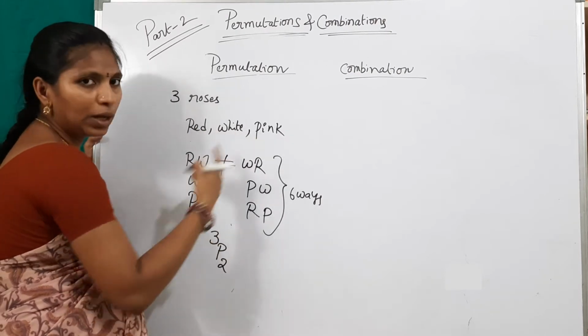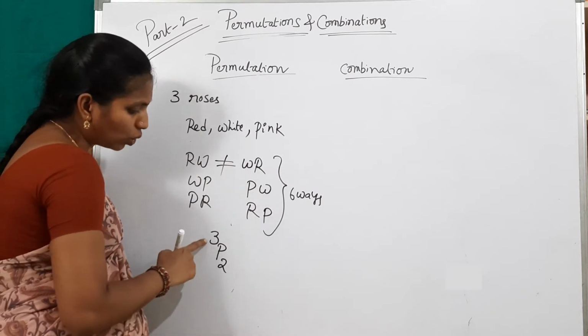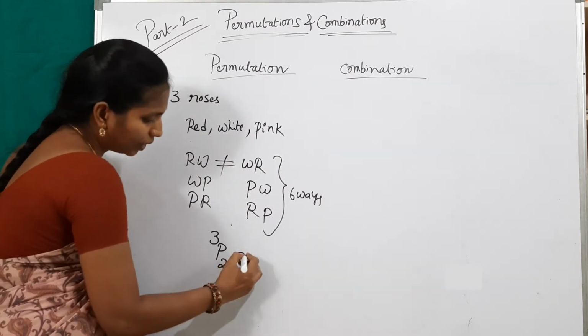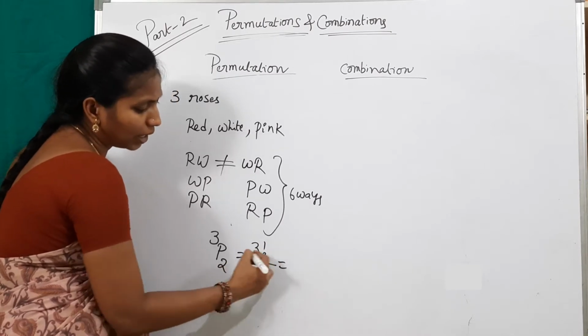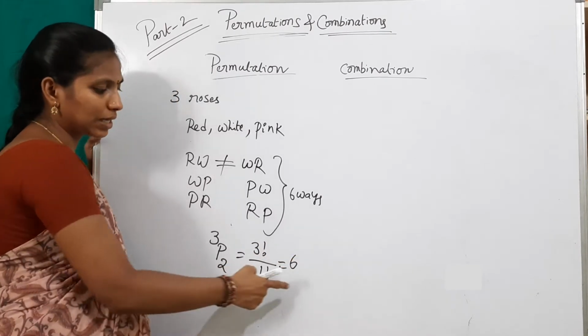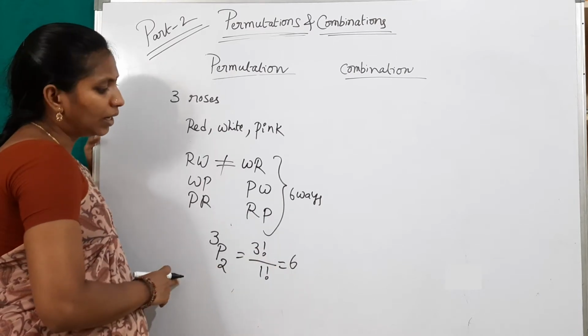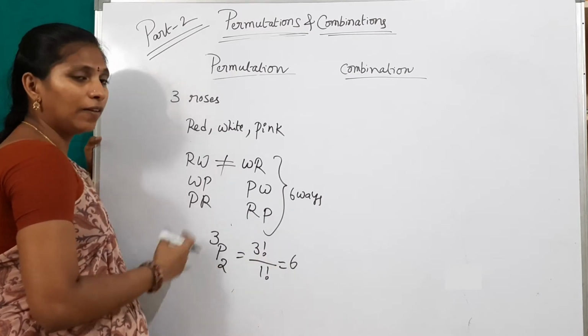From these 3 roses choose 2. So 3P2. Then 3 factorial by 3 minus 2 means 1 factorial. So 3 factorial result is 6. We can take in 6 possible ways.